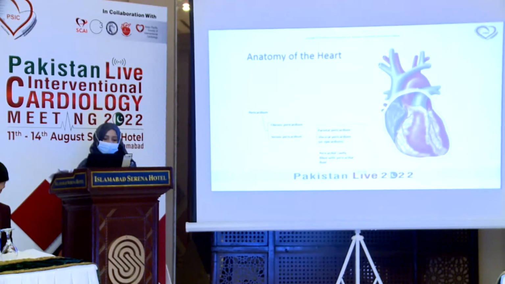It is further divided into fibrous pericardium and serous pericardium. The outer fibrous layer is formed of thick fibrous tissue that protects the heart from overstretching. The inner serous layer prevents fluid friction and allows free movement of the heart within the pericardium.